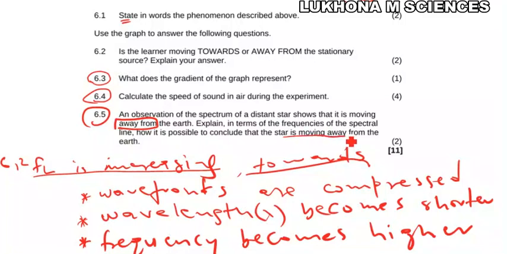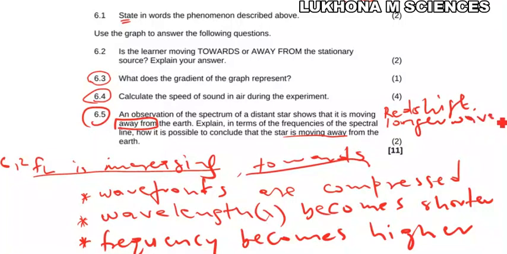Since they talk about away, we are talking about the red shifted spectral lines, red shift. When the spectral line is shifted towards red, we say it is shifted towards a longer wavelength.